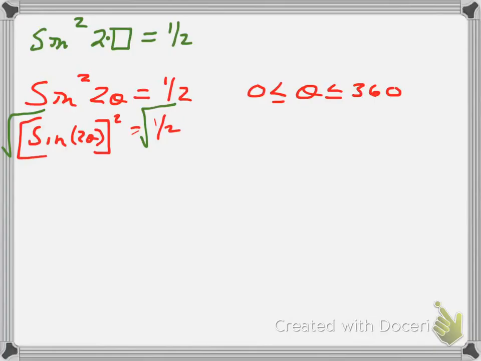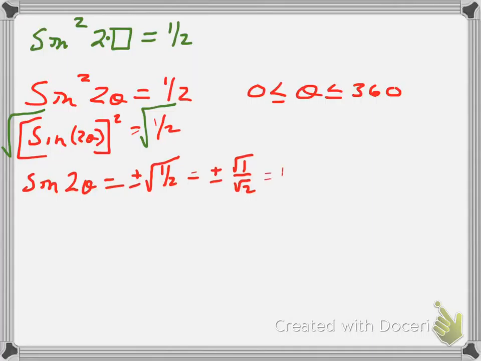We take the square root of a square, it goes away. The square root of that right side becomes plus or minus root 1/2. Okay, and that'll never do. Can't have root 1/2. So we have to go through that process on the right side. So we have root 1 over root 2.